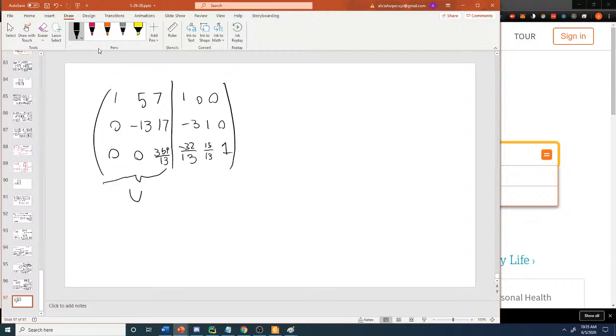On the other hand, this matrix over here is lower triangular, in the sense that everything above the diagonal is 0, but things below the diagonal are allowed to not be 0. And so this is called L. What we actually learn from this is that L times U is equal to A. And this is called an LU decomposition.